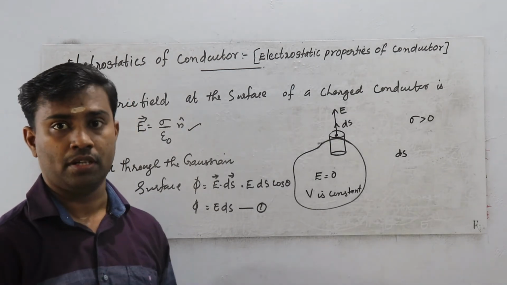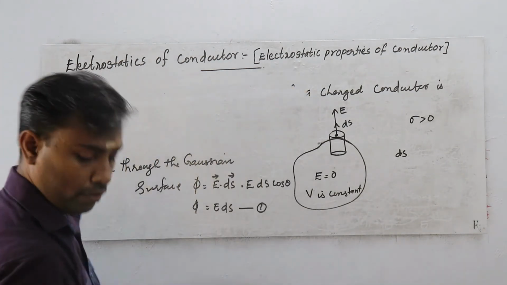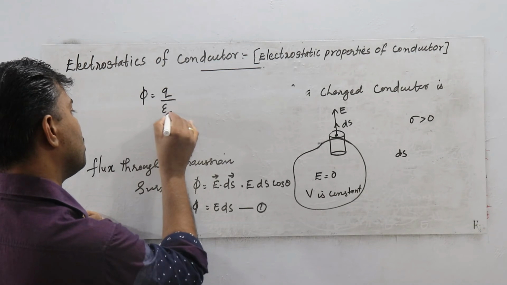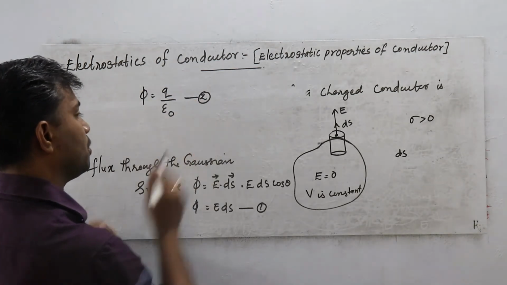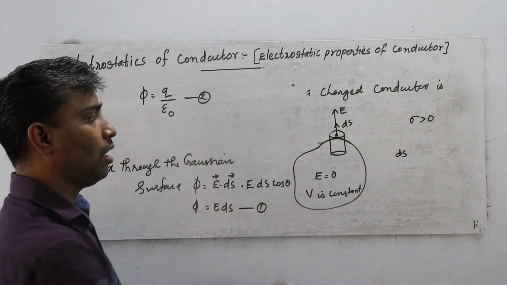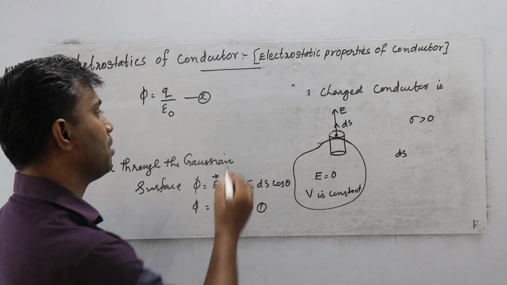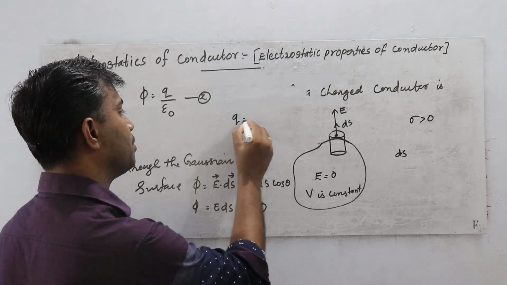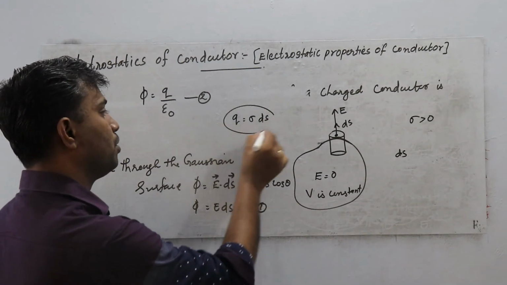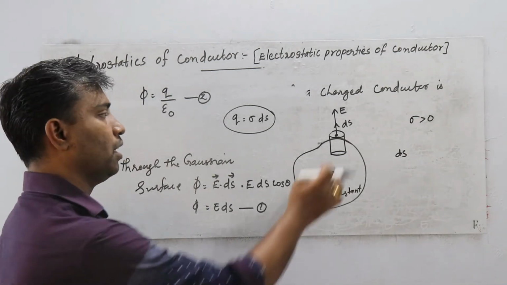Next, apply Gauss's law. We know that by Gauss's law the flux phi is equal to Q by epsilon 0. Here sigma is the charge density, so the charge enclosed by the Gaussian surface can be written as Q is equal to sigma ds, since sigma is charge by area and here the area is ds.